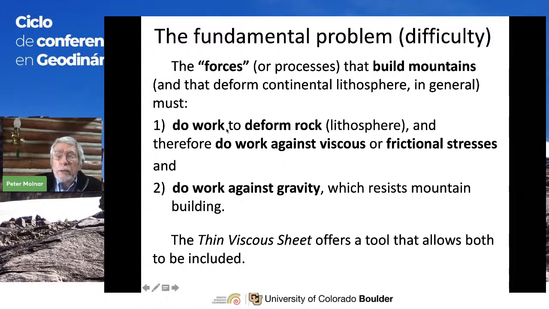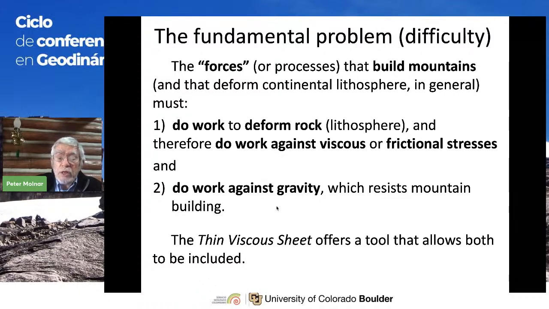They must do work to deform the rock, and therefore do work against viscous or frictional stresses, and they must do work against gravity, which resists mountain building. To build a mountain, you have to lift rock, and to lift rock, you do work against gravity. And I should say that pushing the Moho down to make a crustal root also requires work done against gravity, because it's like pushing a balloon down in the water.